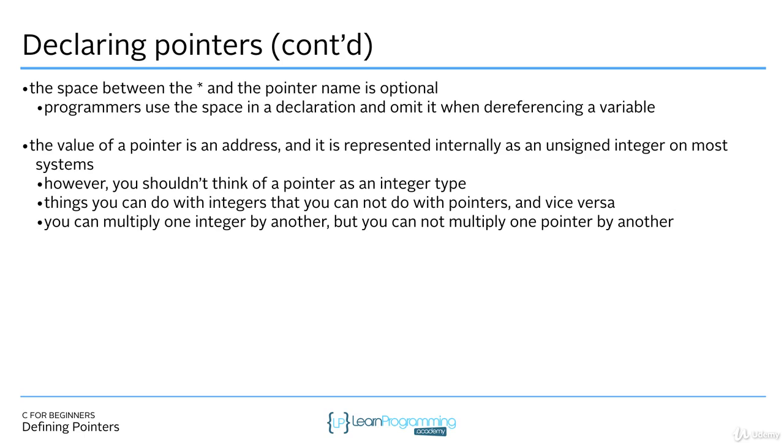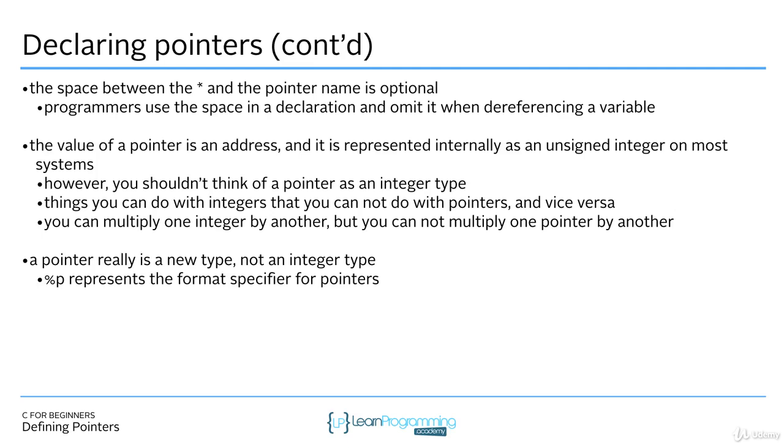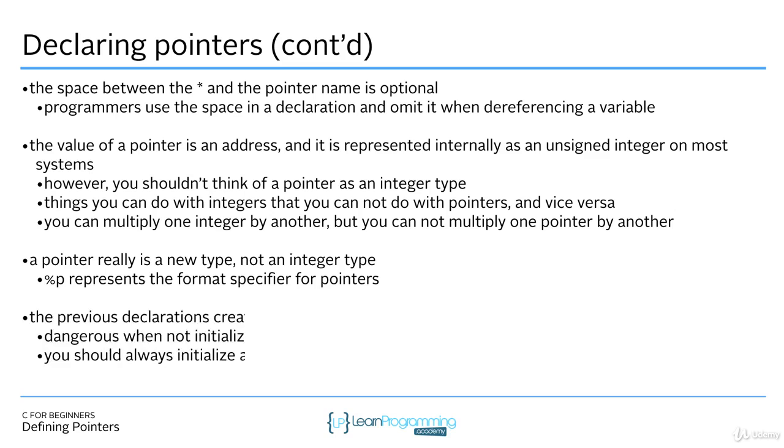If you print it out, it's going to look like a hexadecimal number, but that doesn't mean you can treat it like an integer. You can multiply one integer by another, for example, but you cannot multiply one pointer by another. A pointer really is a new type. It's not an integer type.